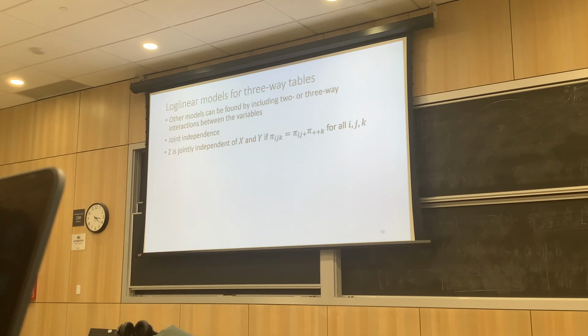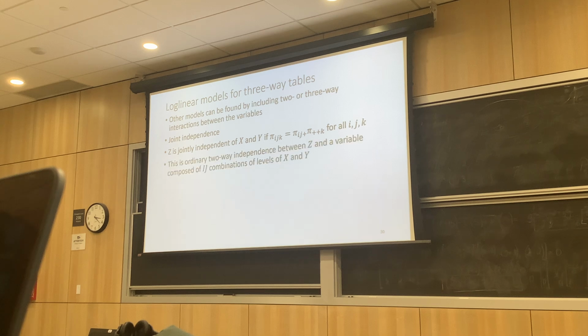Another thing we can think about is joint independence. Z is jointly independent of the other two, which means that in probability we think of these two as one variable. So ij and k are independent. So ij is one category, and you can write this as a product of the marginal distribution for i and j together, and the marginal distribution for z.